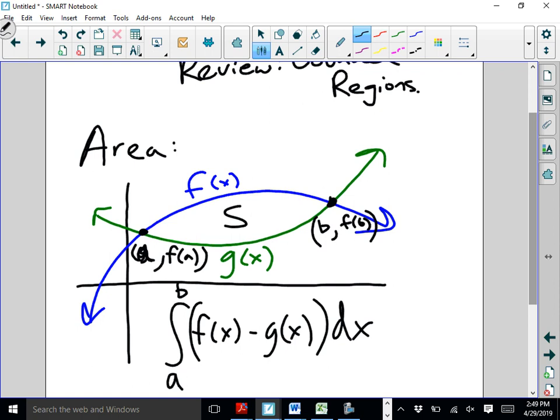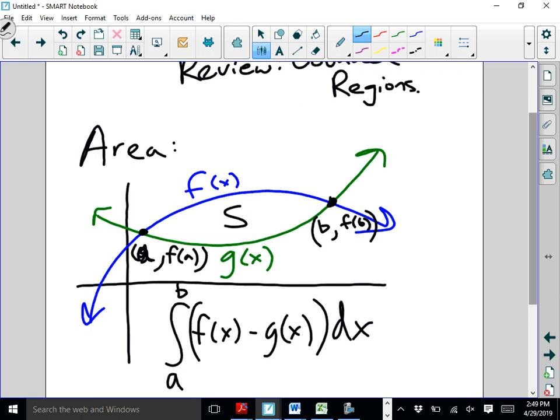Sometimes we can also find area by integrating bottom to top of right function minus left function. In most cases, I would not suggest doing that. However, it is possible. When you do that, you have to integrate from the bottom y value to the top y value.